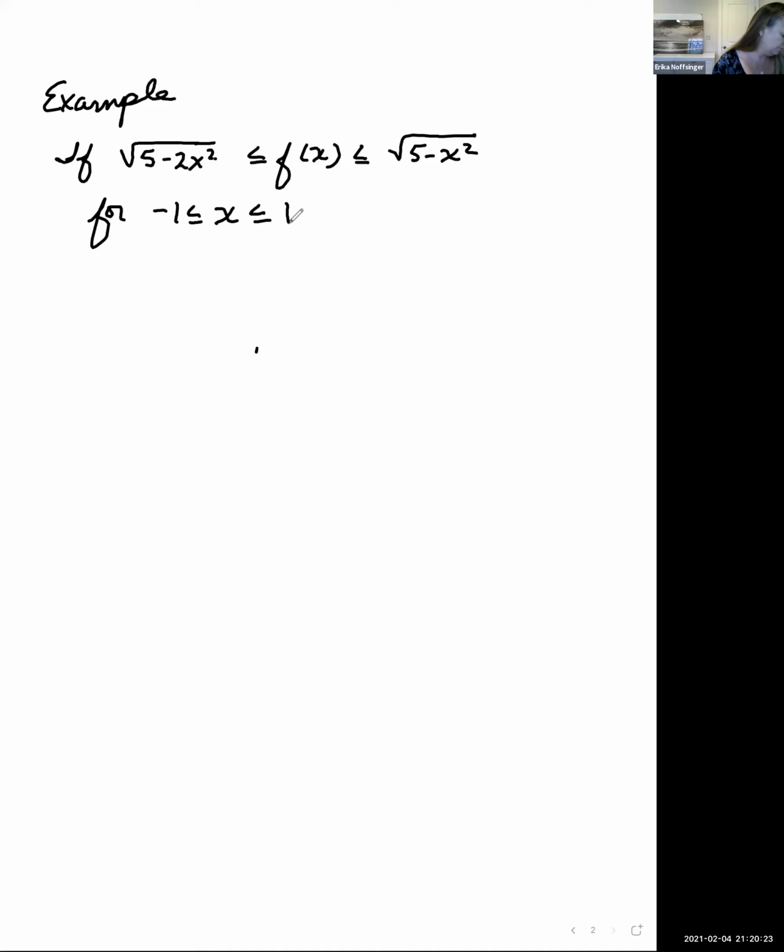If the square root of 5 minus 2x squared is less than or equal to f of x, and this is less than or equal to the square root of 5 minus x squared, and this is only true for -1 less than or equal to x, which is less than or equal to 1, find the limit as x approaches 0 of f of x.